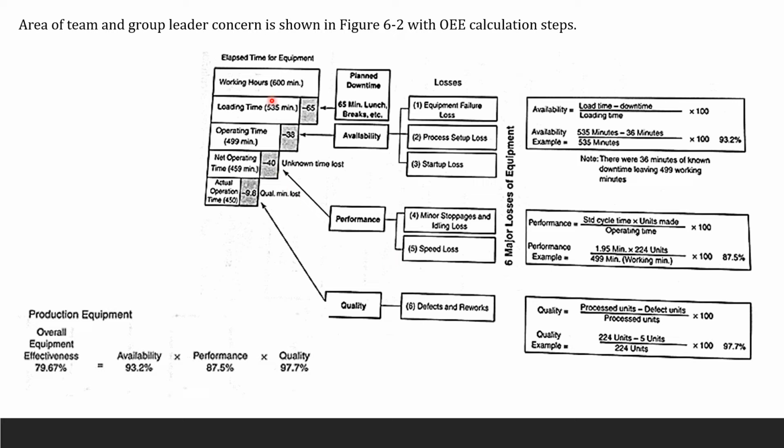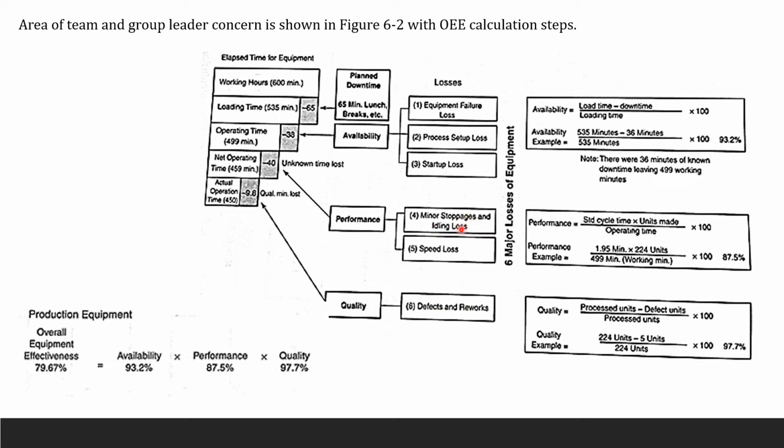So how do we calculate that? You look at your working hours, loading time, operating time, net operating time, and actual operating time. These little ones are the losses. Here you have minus 9.8, which comes because of the defects and rework.